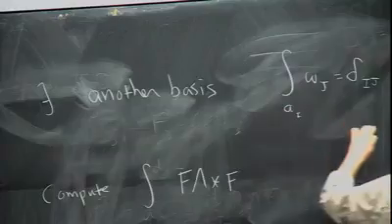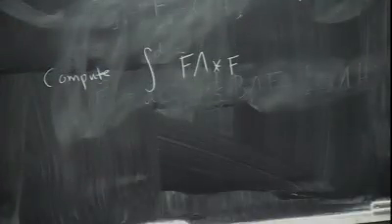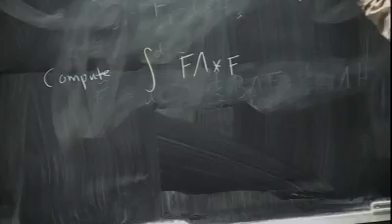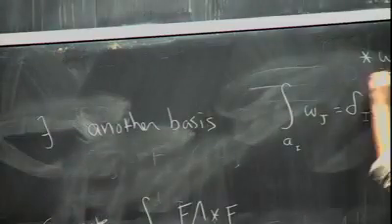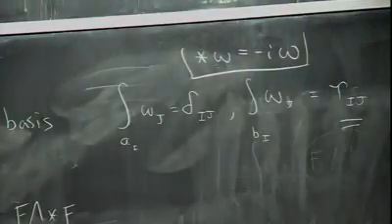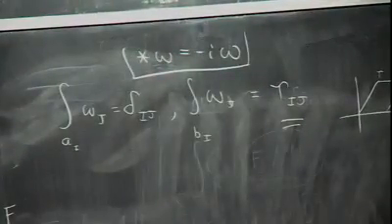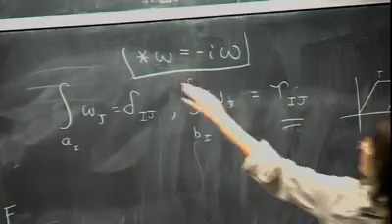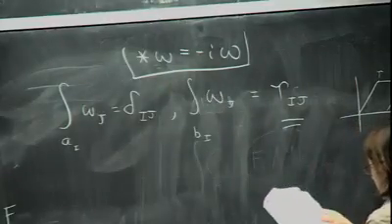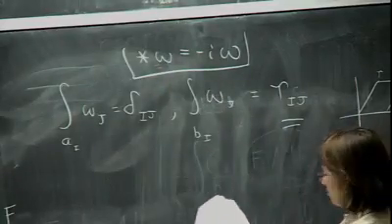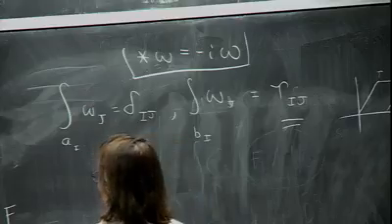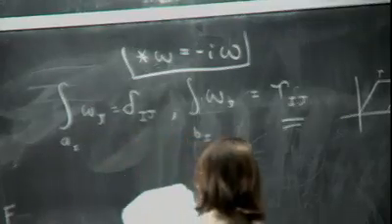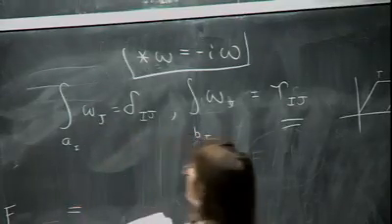So I should say the other thing that's very useful about the holomorphic basis is that it satisfies this very useful property that its Hodge dual is minus i times itself, and that allows one to make this calculation very easily. So you do that.